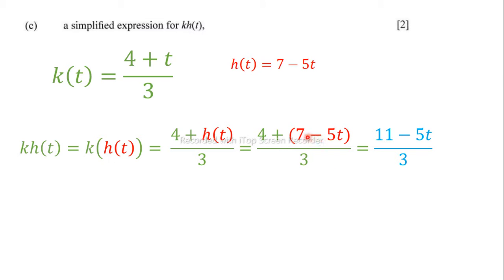So we just drop the bracket, because the bracket has no meaning anymore, as we can't do anything inside it first. So we drop the bracket and add the 7 and the 4. And so 7 plus 4 is definitely 11 minus 5t all over 3.